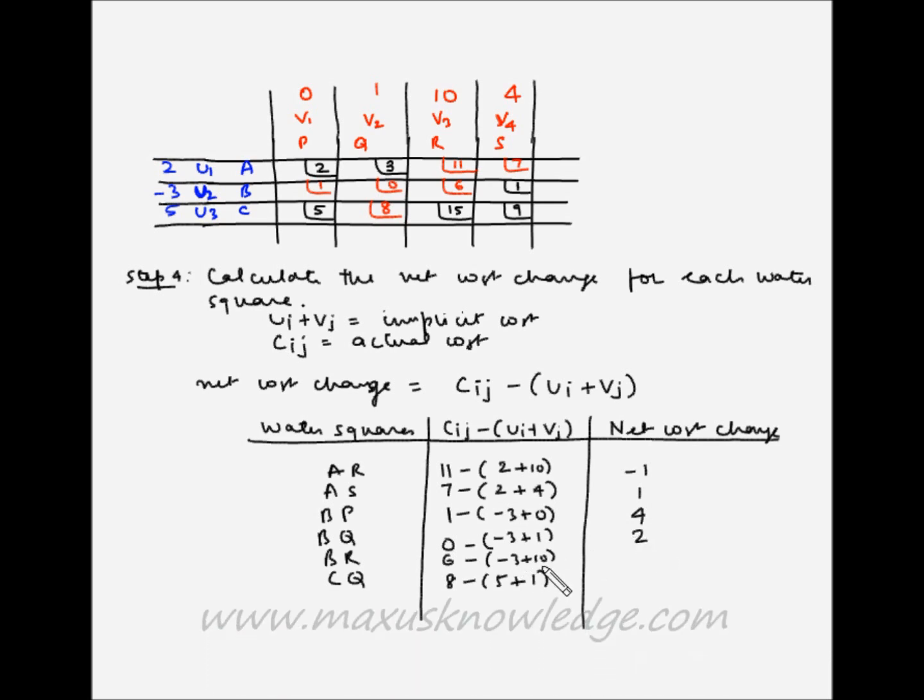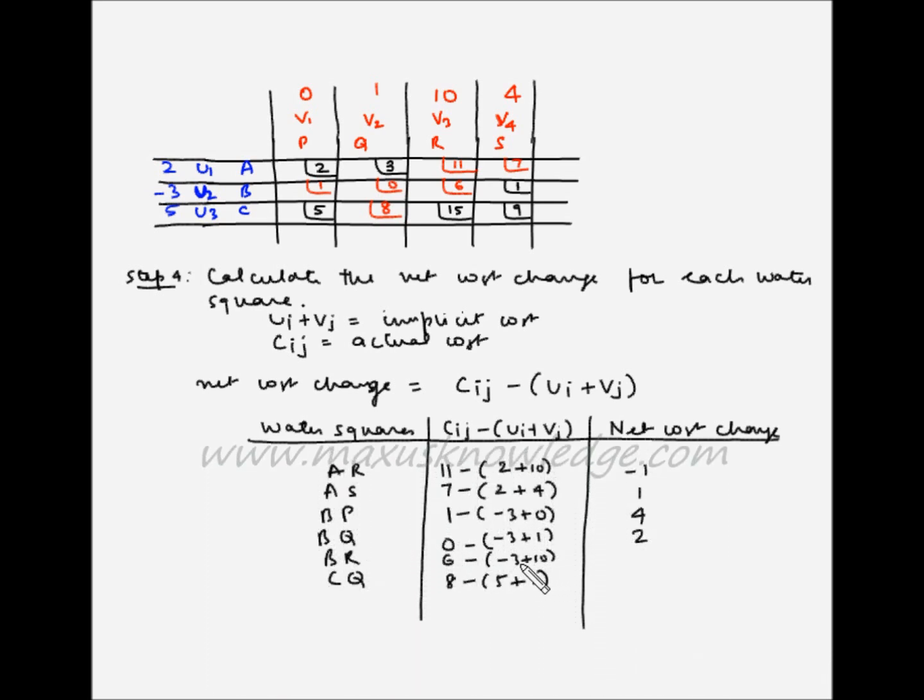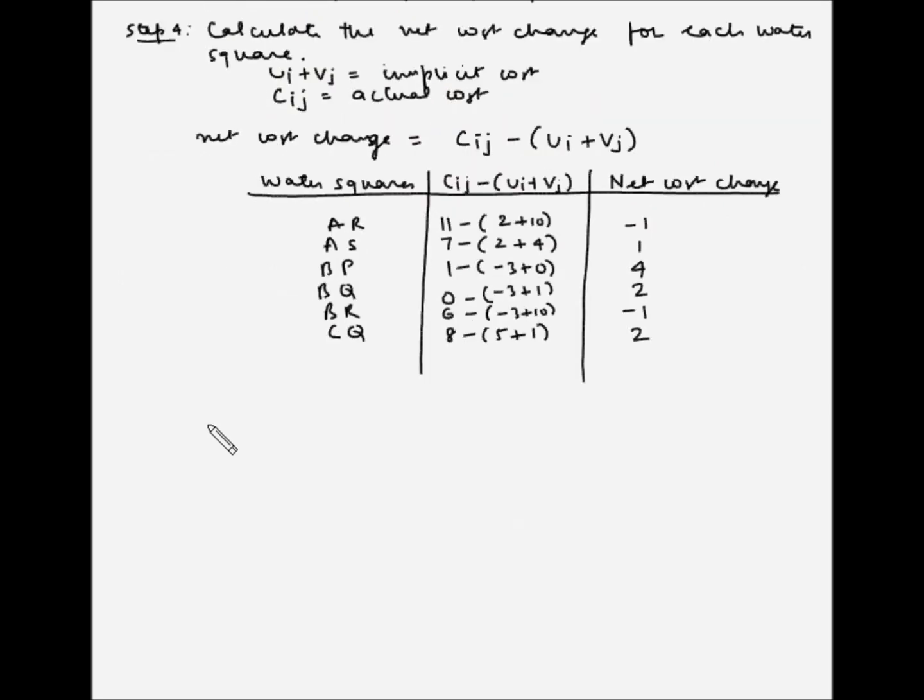Minus 3 plus 10 is 7, 6 minus 7 is minus 1, 5 plus 1 is 6, 8 minus 6 is 2. So let's now move to step number 5.